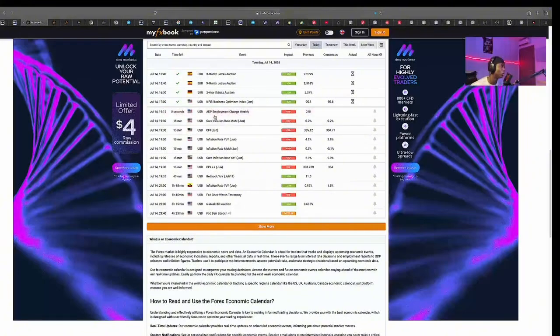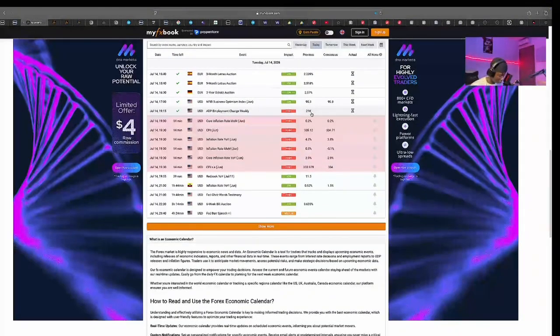Yeah, we have the ADP unemployment change. You see, the previous was 21. So let's see the actual. If this comes out maybe even 25, US dollar is gonna be strong, even 30. But anything below 21, US dollar is gonna be weak.